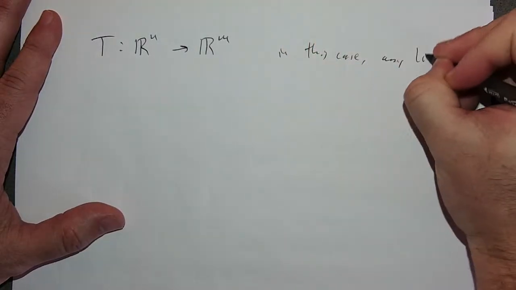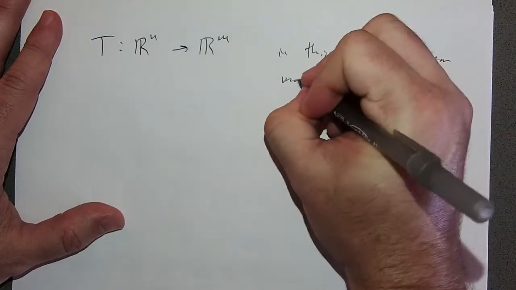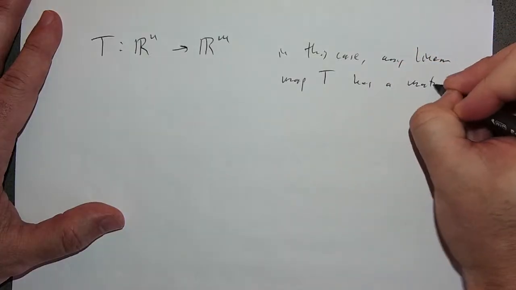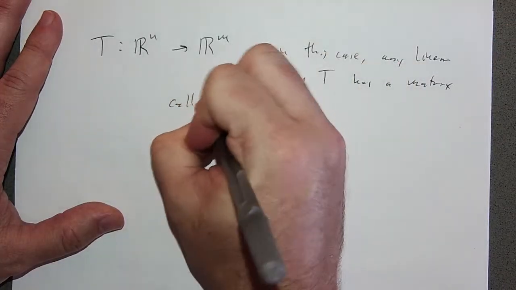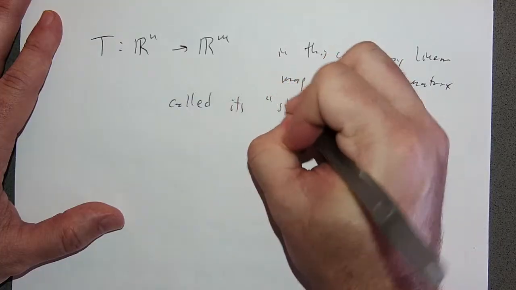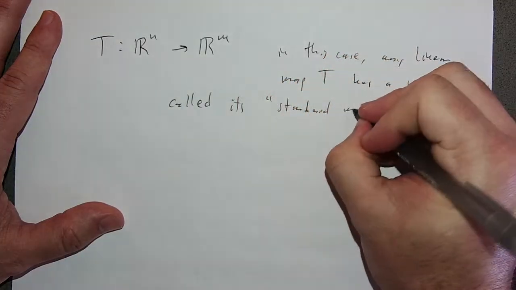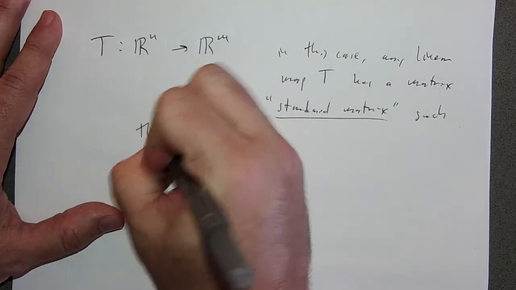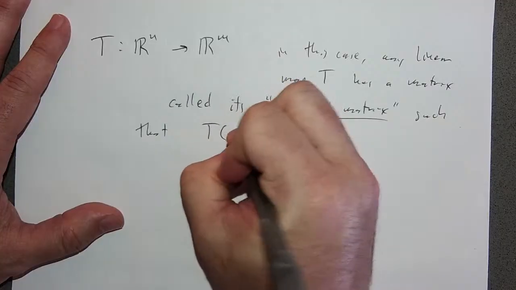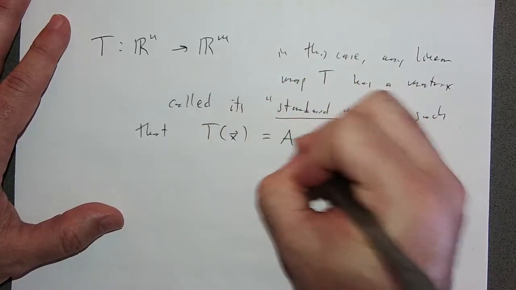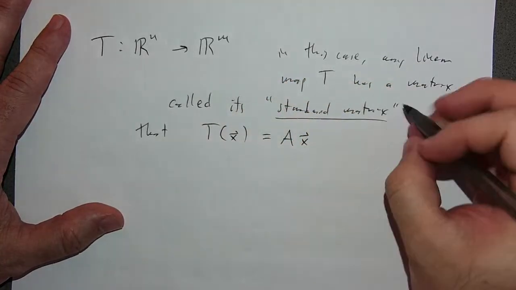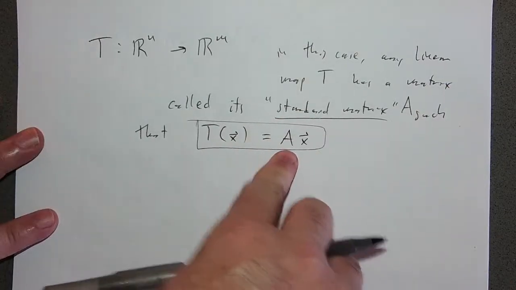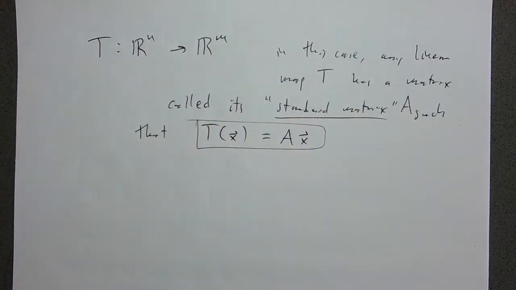In this case, any linear map T has a matrix called its standard matrix such that T applied to the vector x is equal to Ax, where A is this standard matrix. You can work out the size of A based on n and m here in the direction that T goes.